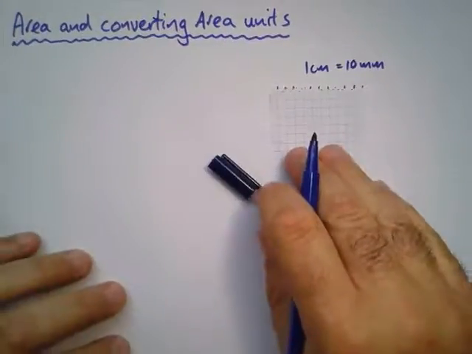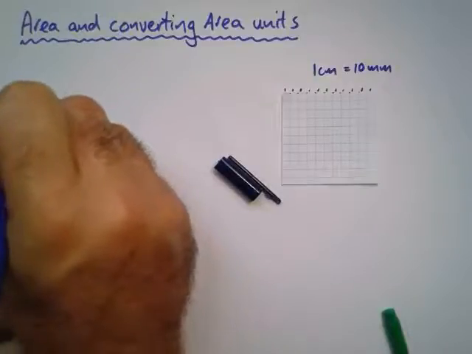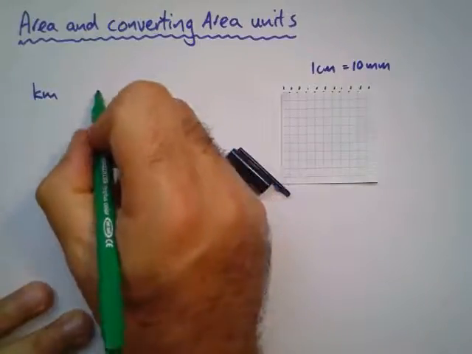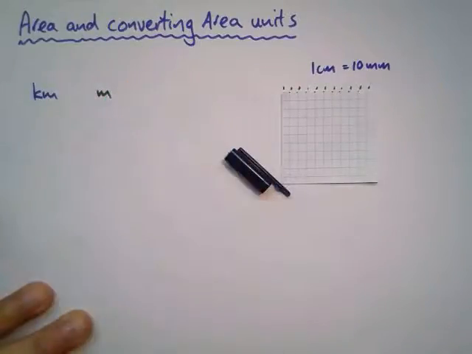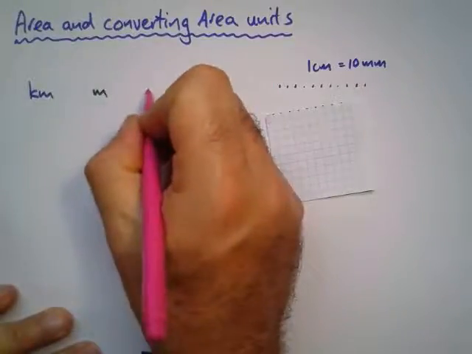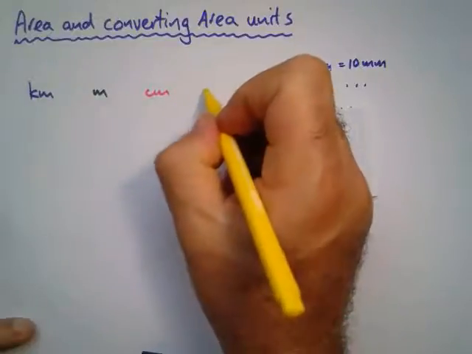Right, how do I remember that? I'm going to remember it by using my little thing that I had previously. We had kilometers, the biggest unit, then we had meters, then we had centimeters, and then millimeters.